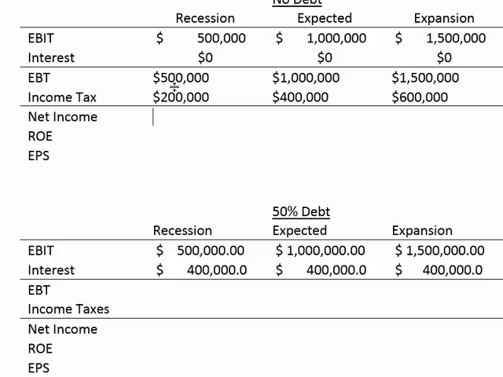Our net income is EBT minus the income tax. So it's $300,000 in the first case, $600,000 in the second case, and $900,000 in the final case. Again, I'm just taking EBT minus the income tax to get the net income. Our return on equity is the net income divided by the amount of equity.